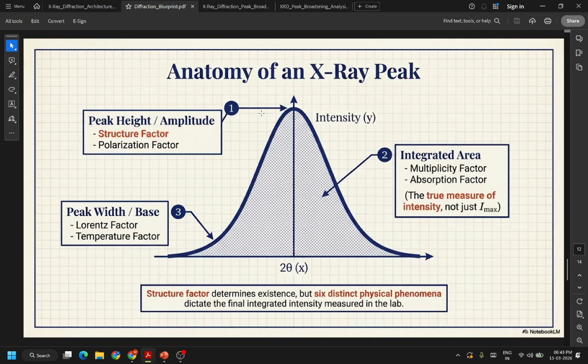Then there is the integrated area under the peak, which comes from the multiplicity factor and absorption factor. This is the true measure of intensity, and not just the peak intensity. So if you want to measure the intensity of an X-ray peak, you should be considering the area under the peak and not just the peak amplitude.